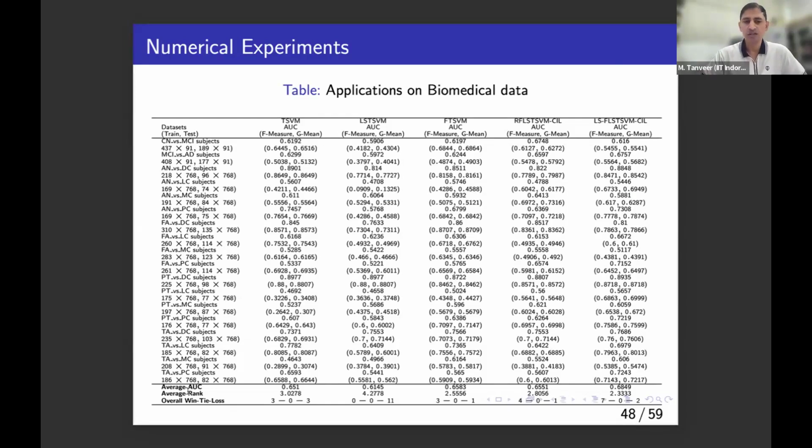The average accuracy is 0.68, that's 68%, and the second highest is 65, so around a 3% difference, a significant difference. We have also seen the average rank and the overall win tie loss, which means overall 7 wins, 0 ties, and 2 losses.